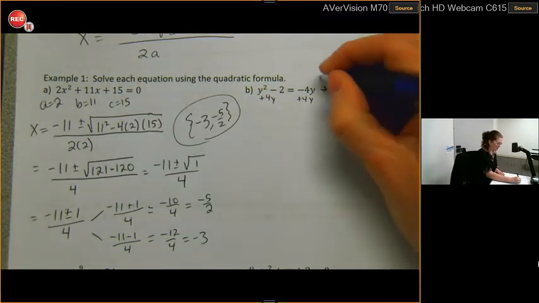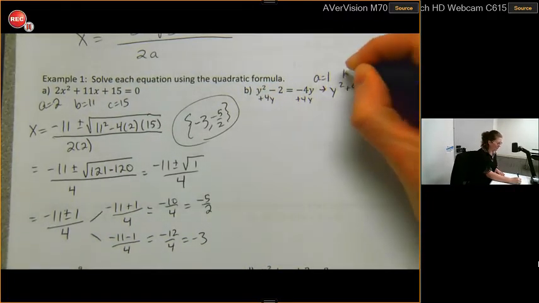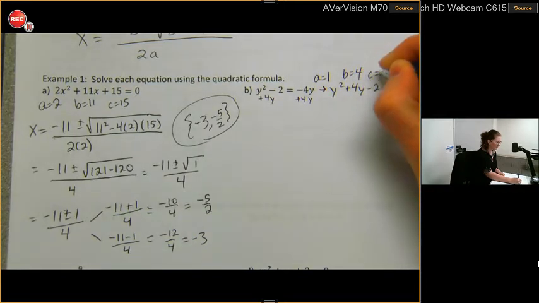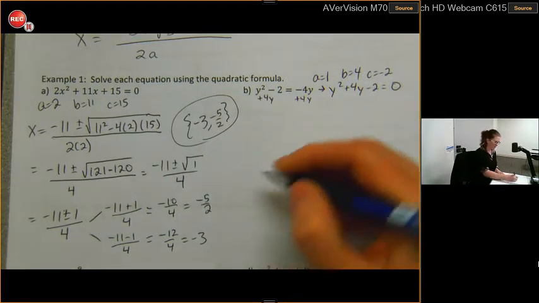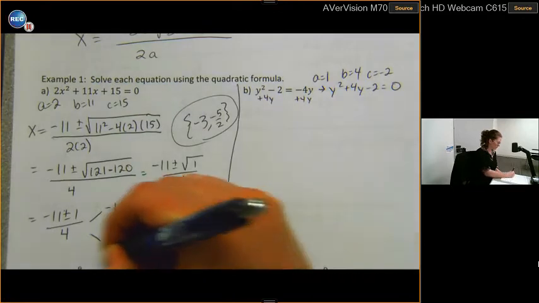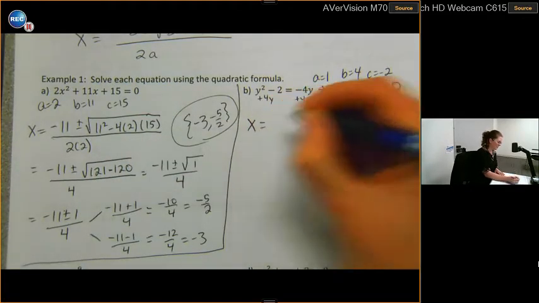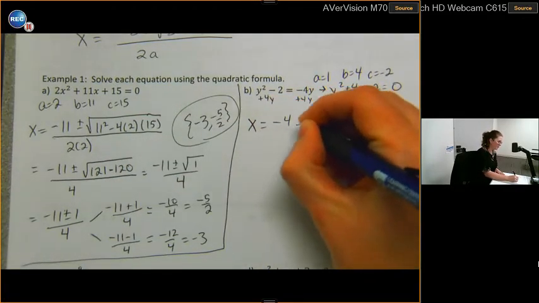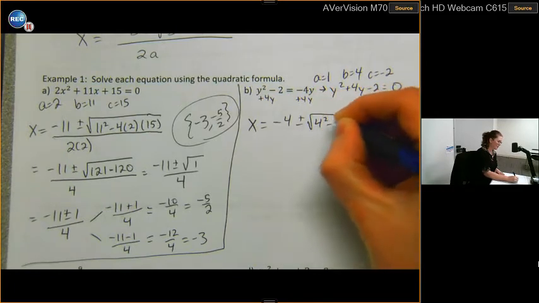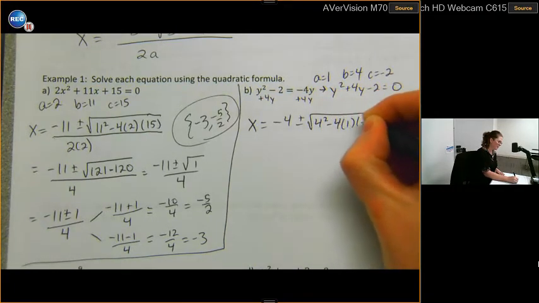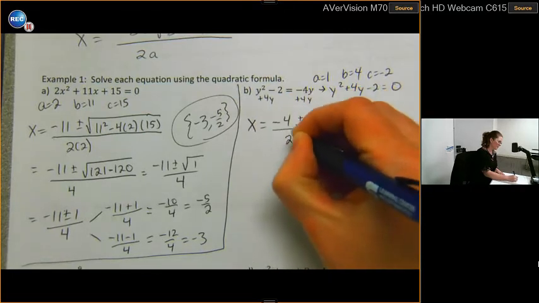And then when I use my quadratic formula, the A is 1, the B is 4, and the C is negative 2. So x equals the opposite of B plus or minus the square root of B squared minus 4AC all over 2A.